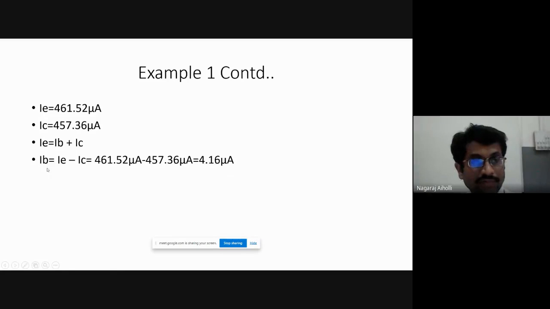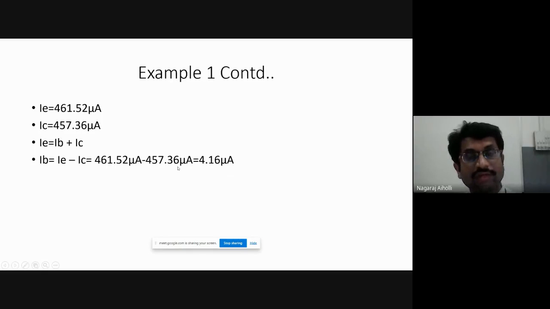Like this, the value of the base current is less as compared to that of the emitter current and the collector current. That we can see from this particular equation. The base current value is just 4.16 microampere, whereas the emitter current is about 460 microampere and the collector current is 457 microampere. Hence, we can conclude that the base current value is less than the emitter current and collector current.